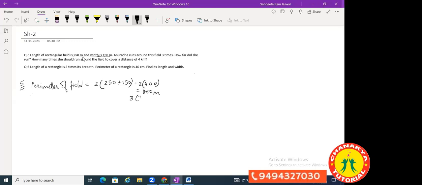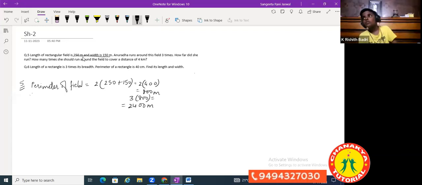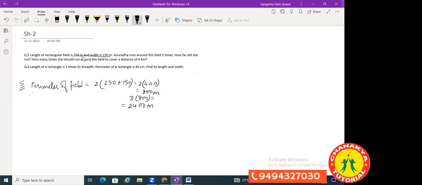Then you multiply it with 3. So this is the distance that she covered. Teacher, I'm getting 400. Where are you getting that? See the perimeter. First find the perimeter of the rectangular field. The perimeter of a rectangle is 2 into length plus breadth. 250 is length, 150 is breadth. This is 800.